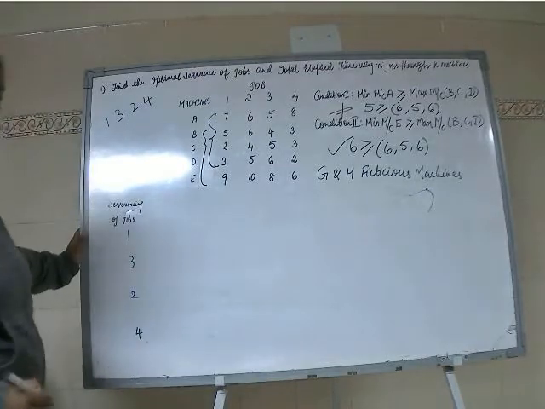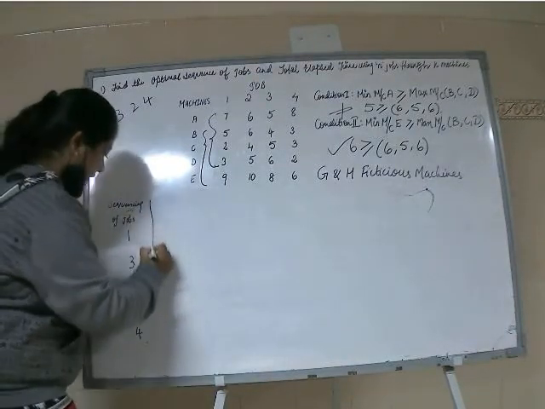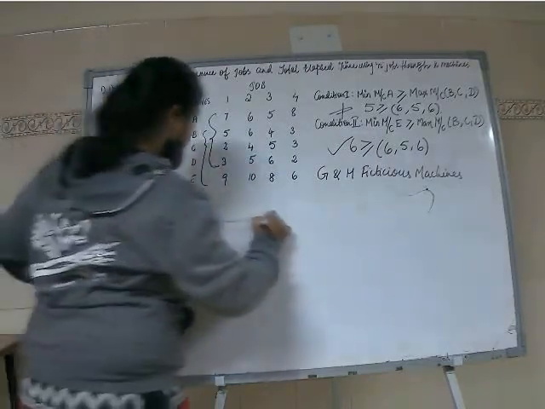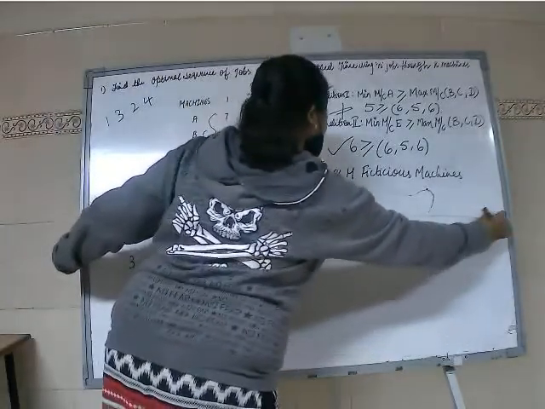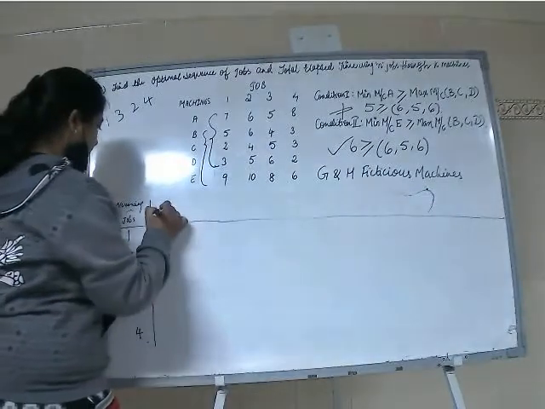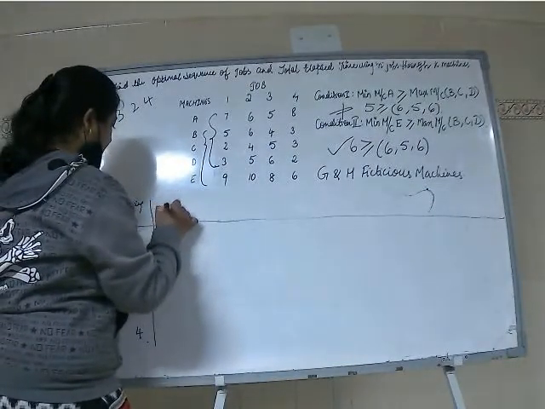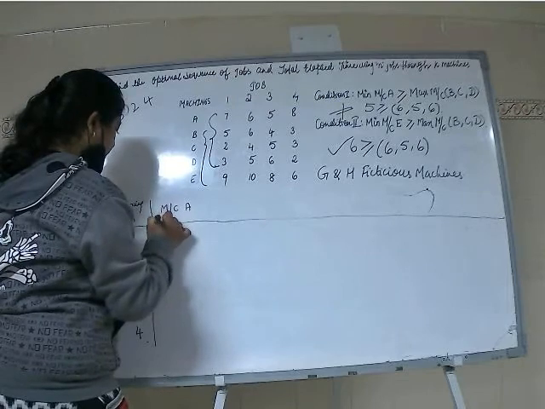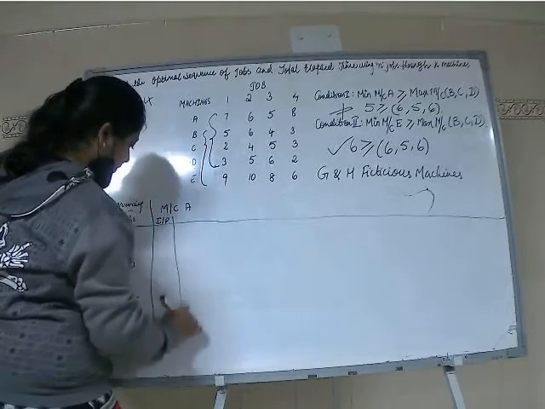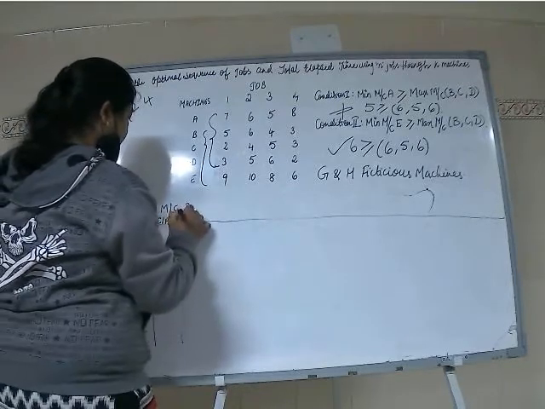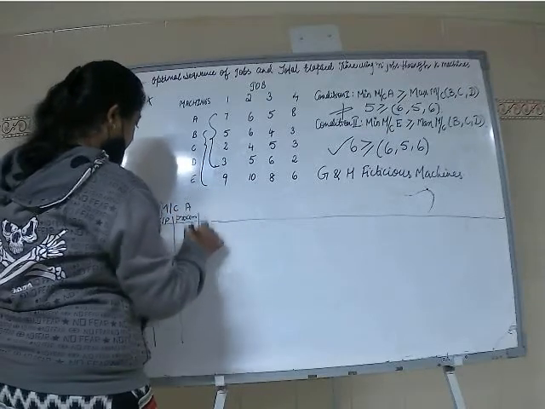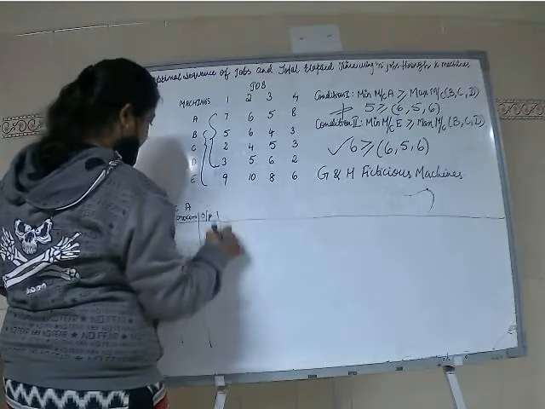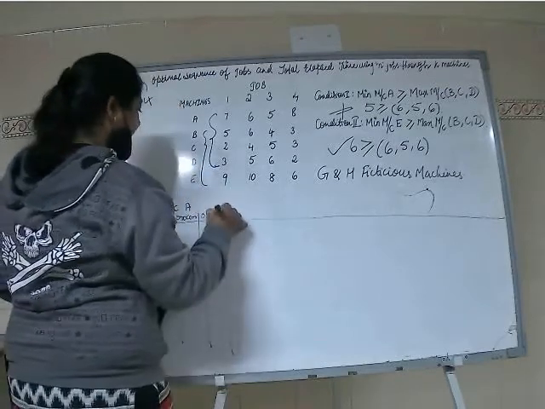Okay students, next you need to calculate values for all the 5 machines. First machine A: input value, process value, output value and idle value.